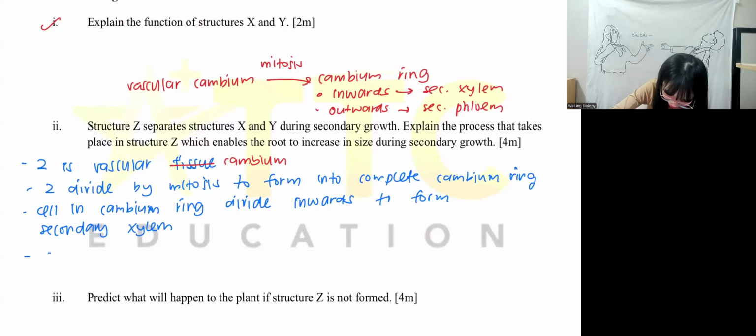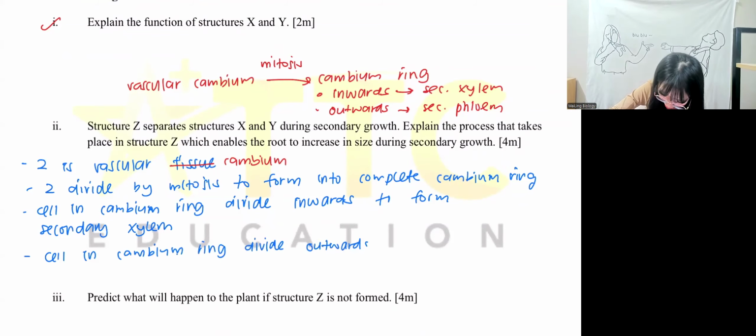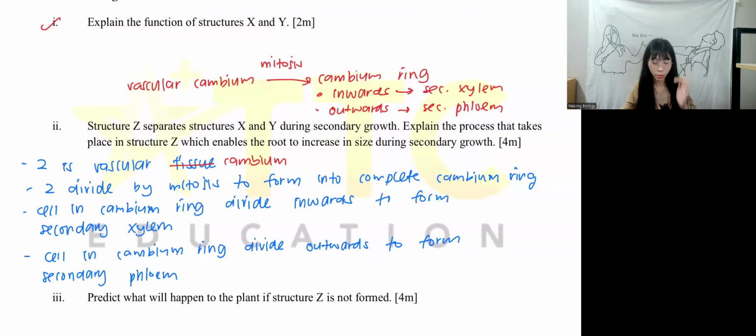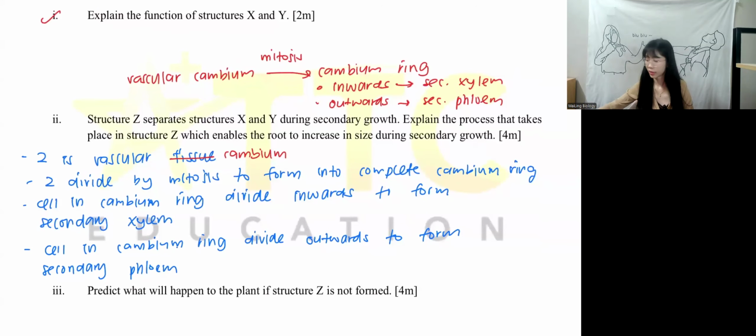Then next, cells in the cambium ring divide outwards to form secondary phloem. Okay, done. You raise your hand. Wait for 10 of you. We will do the next question.